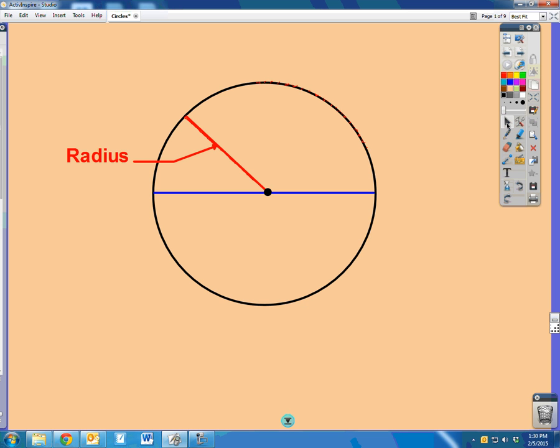But if we take two of those radii, back to back, looking at this blue line here, we've got a radius here and a radius here. If we put them both together like that, if we double the radius all the way across the center, we call that line the diameter.